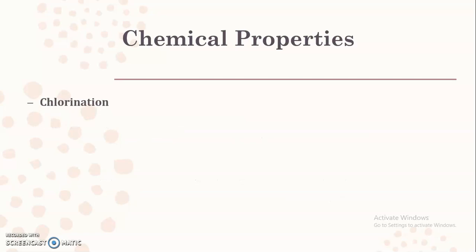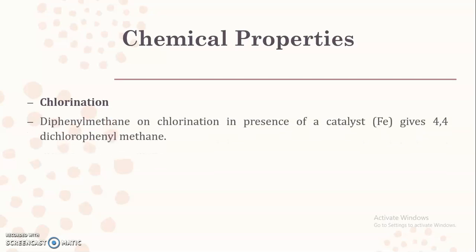The second chemical reaction shown by diphenyl methane is halogenation. Here we will take the example of chlorination. There are various ways by which we can perform this chlorination or halogenation.